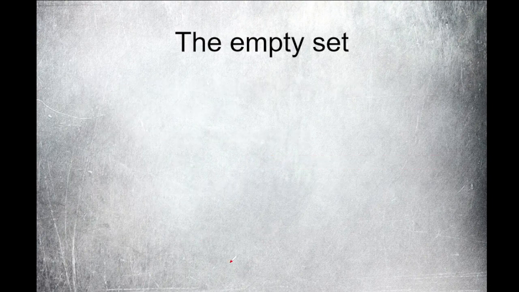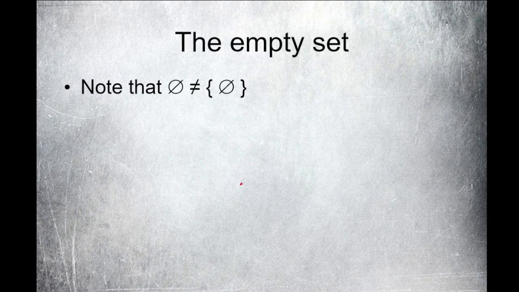Okay, so I can say that the empty set is a part of every other set, but I cannot say that empty is equal to this, because for this set, empty is a part of that set and it cannot be equal to a single element.